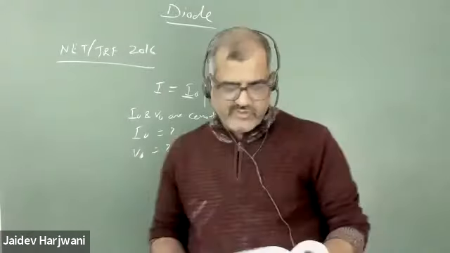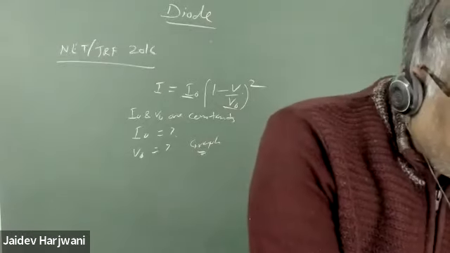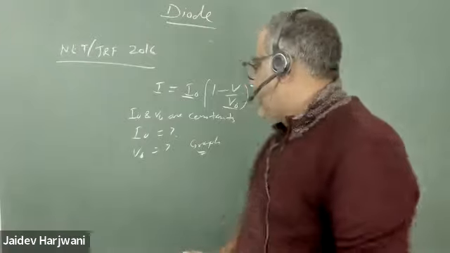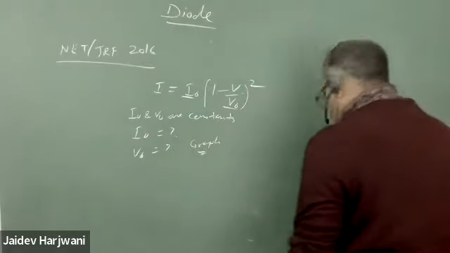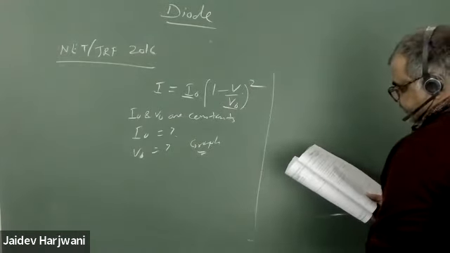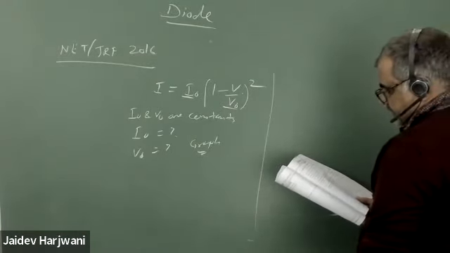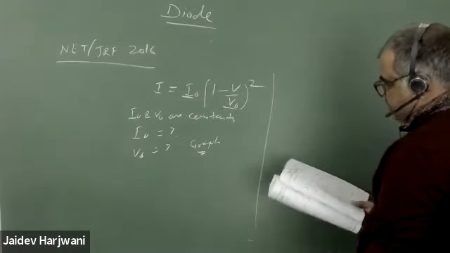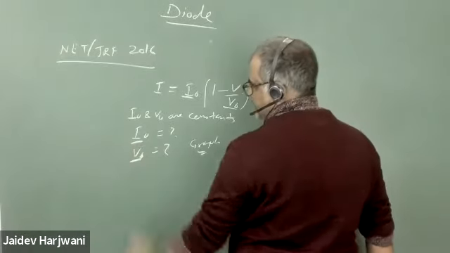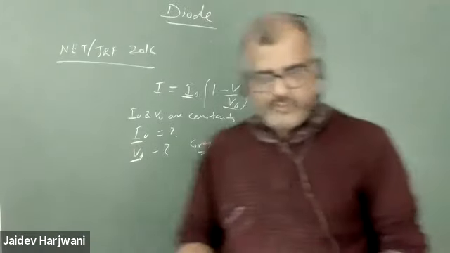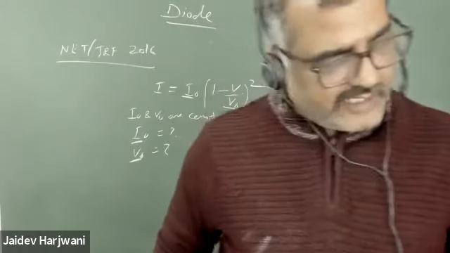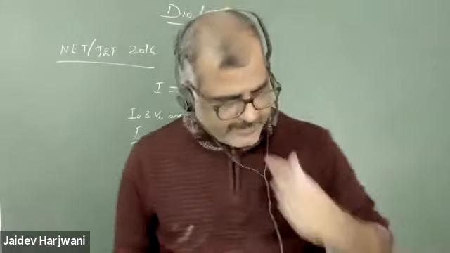They give you some plot, so how can I get the values of V naught and I naught? They have given you some options. How can we calculate V naught and I naught, from the slope or the intercept?